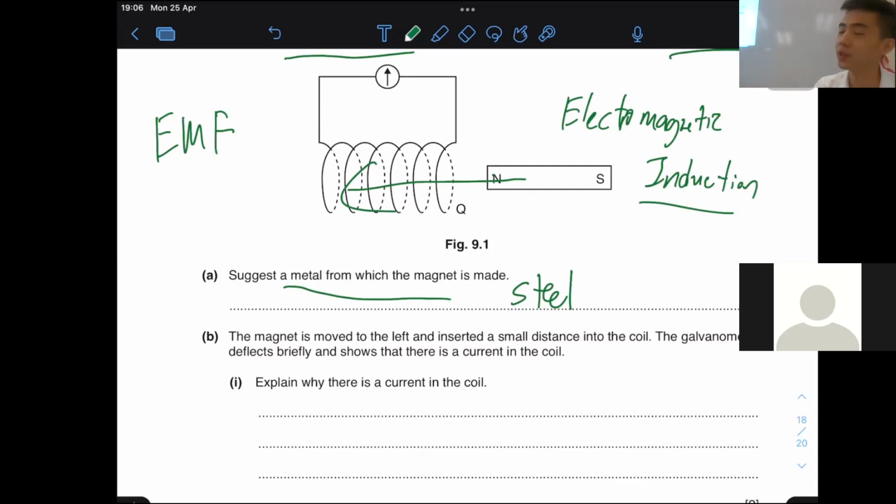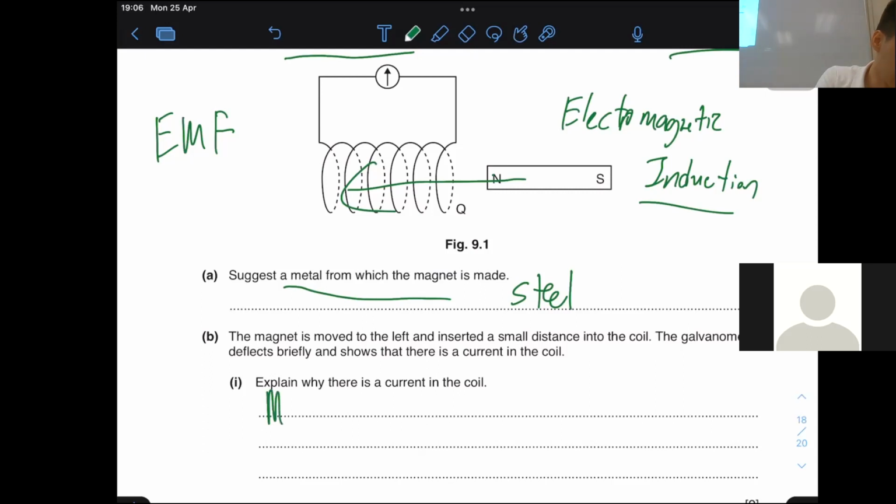So this is electromagnetic induction, right? If you identify that this is electromagnetic induction, how do I say this kind of answer? How do I say why the galvanometer shows a deflection? The magnetic field of the magnet cuts through the magnetic field of the solenoid. There is no magnetic field from the solenoid, but it definitely cuts through. Yeah, you got the right idea.